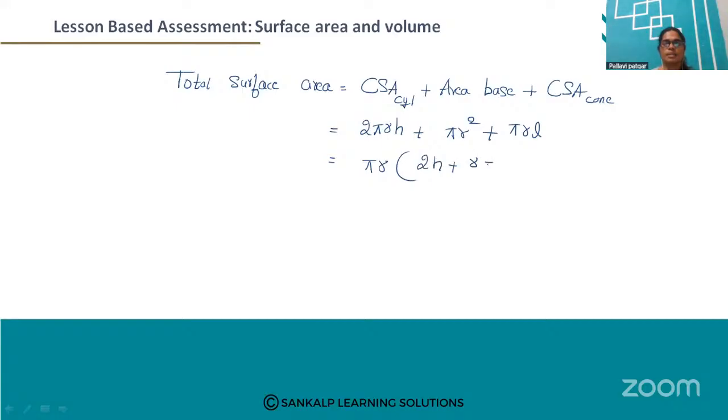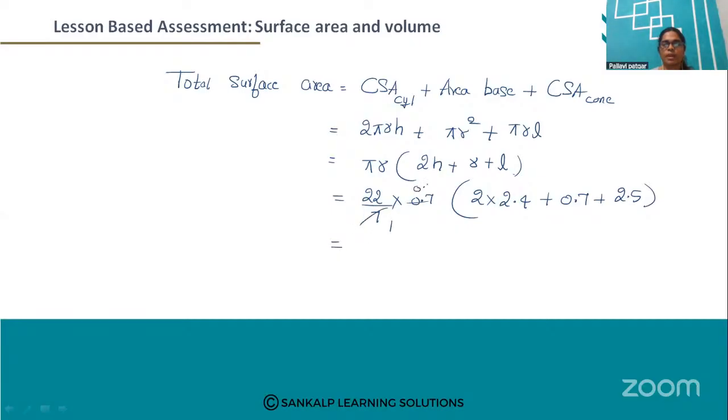Is equal to, here pi r is common, 2h plus r plus L is equal to, here 22 divided by 7 into r is 0.7 into 2 into height of the cylinder is 2.4 plus radius is 0.7 plus slant height is 2.5. 7 ones, so here 0.1.